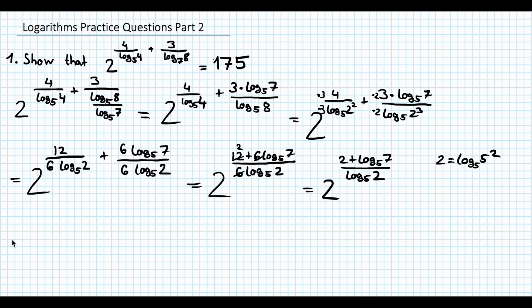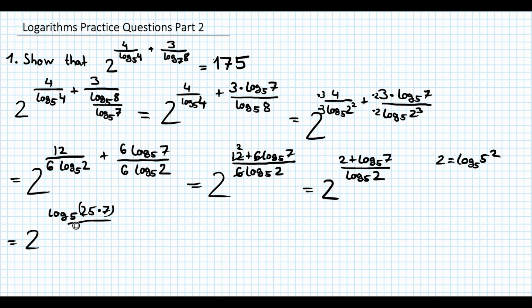So let's rewrite that. 2 to the power of log base 5 of 5 squared, which is 25, plus log base 5 of 7. So we can just multiply these two here together.